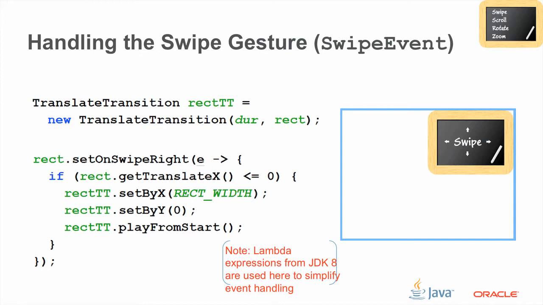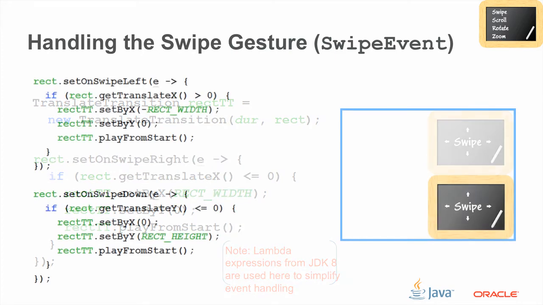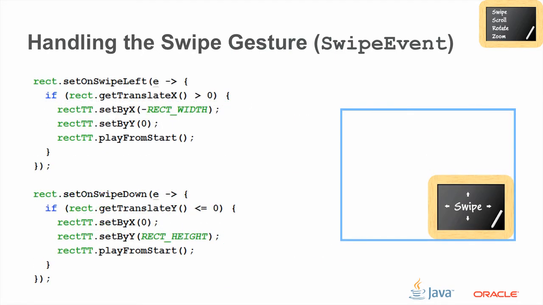But then we are setting an onSwipeRight event on that node. We want to be able to catch when the user swiped to the right. So we're passing in a lambda with the event, and then the functional part of the lambda is that we are going to execute the TranslateTransition and make it move over and take 1 second to move over.